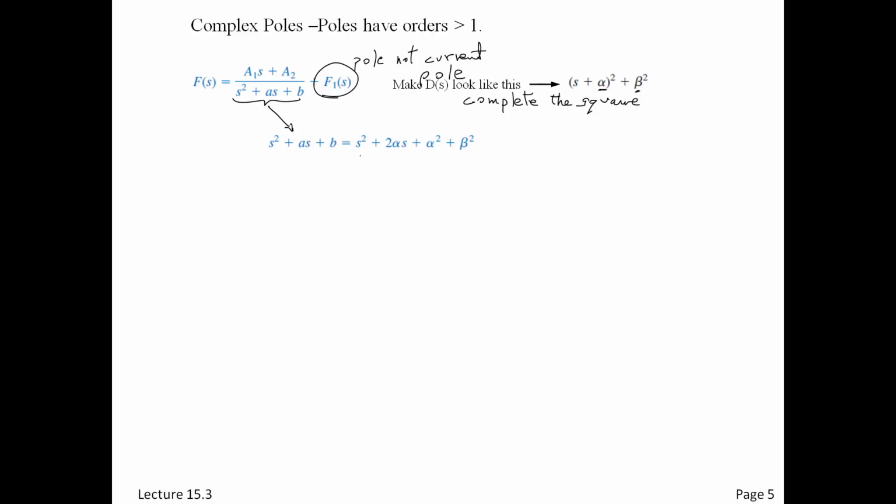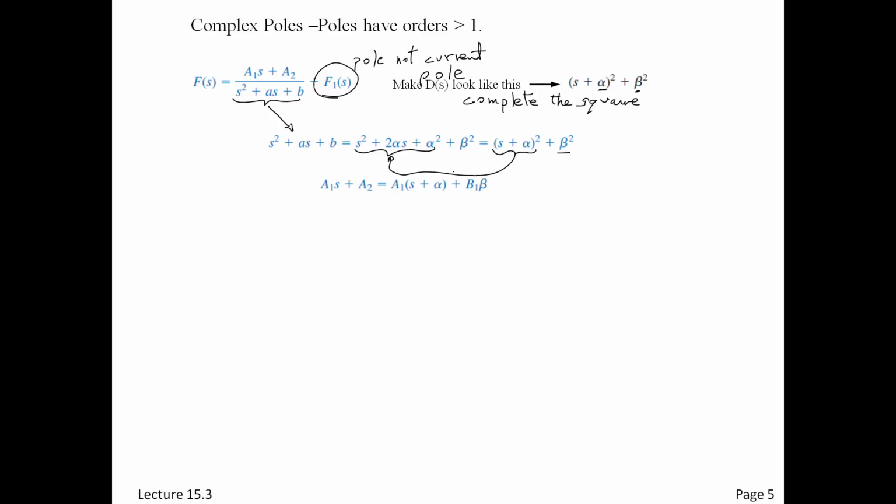So here's the suggestion: s squared plus 2 alpha s plus alpha squared. Right? This thing is what we like. This is a square of something. In fact, it's just s plus alpha squared. Right? This is that. And the leftover is beta squared. So we don't know whether that's a nice number or a crummy number or whatever, but it is a constant.